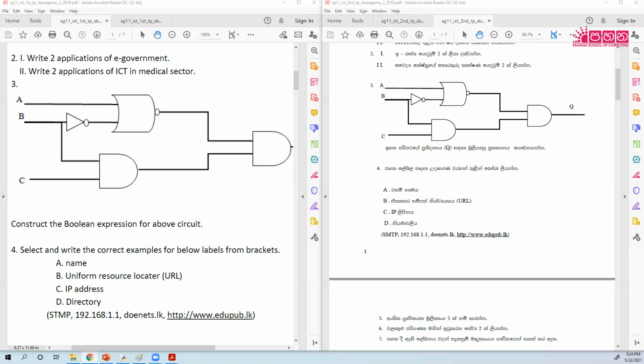Two applications of government. Yes, we discussed.